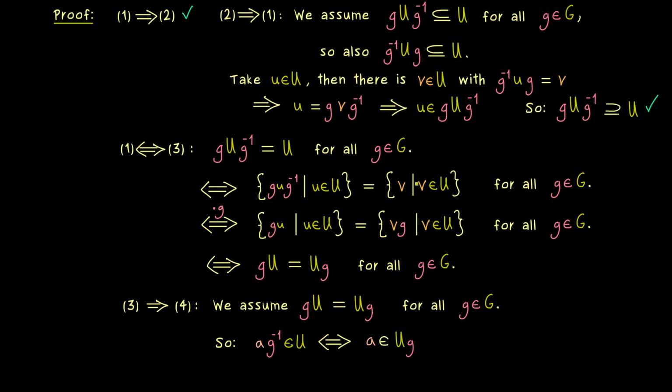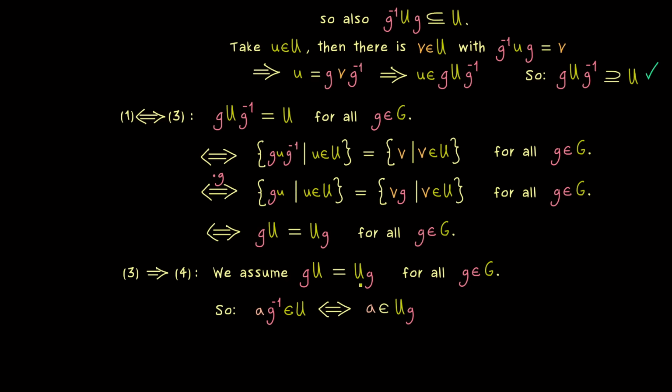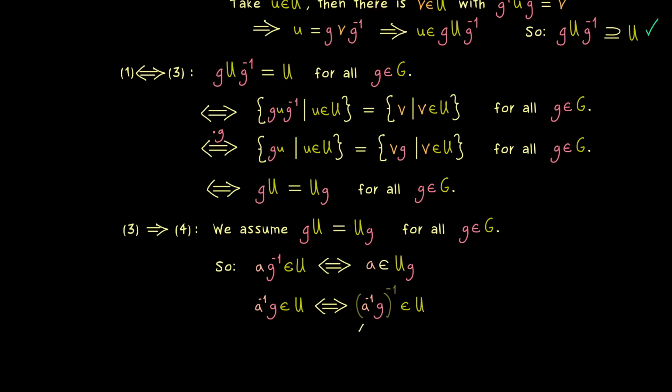So this is a similar calculation as before, and now we can also look at the second statement. There we just have that a inverse times g lies in U. However, since U is a subgroup, we can also look at the inverse of this element, and it also has to lie in U. And we can just split it up, and you see what we actually have here is g inverse times a.